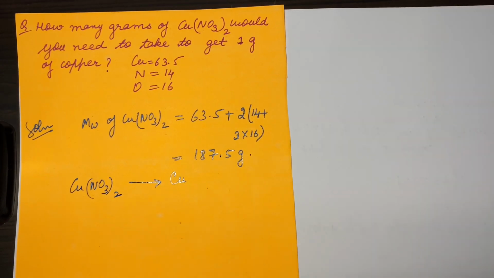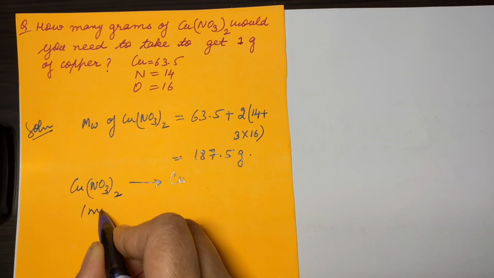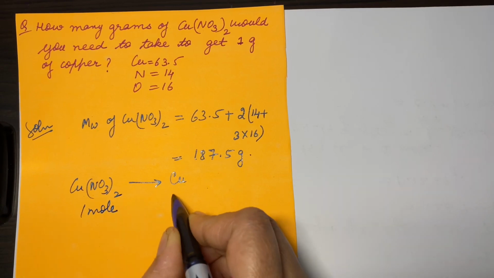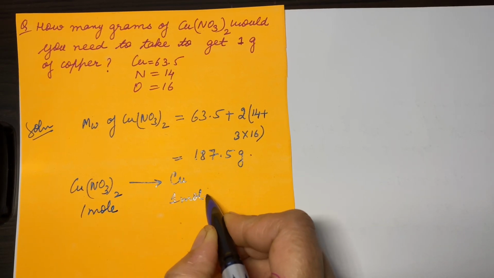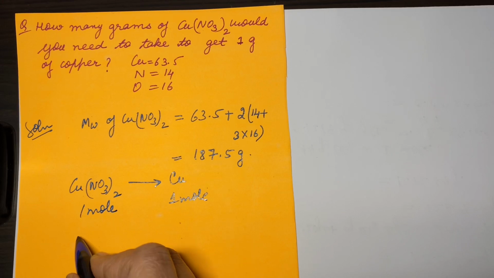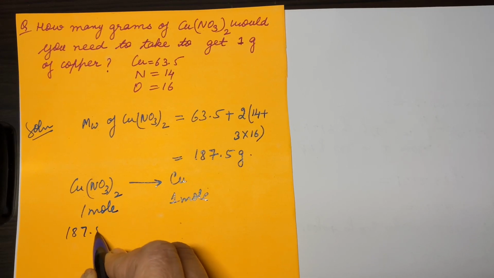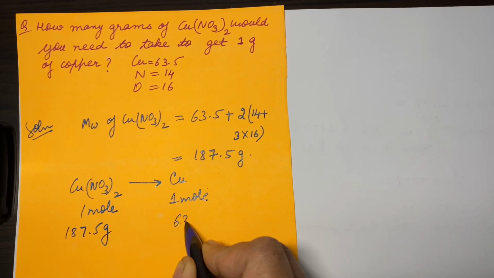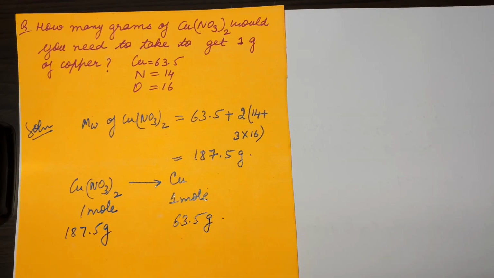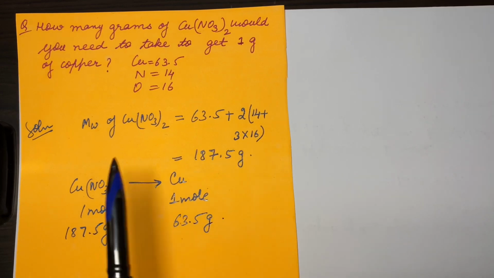Now, copper nitrate dissociates to give 1 mole of copper. So, 1 mole of copper nitrate will be giving 1 mole. But here, what is the difference? 187.5 grams gives 63.5 grams of copper. In the question, we need to get 1 gram of copper.